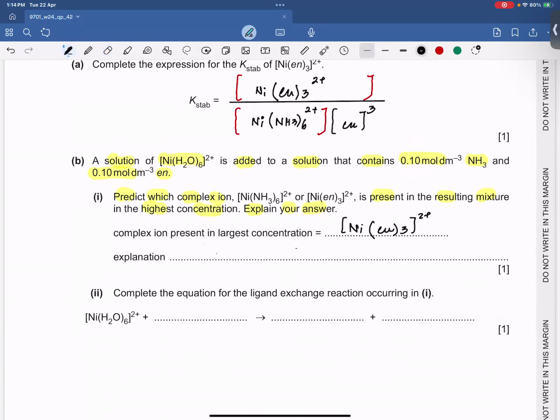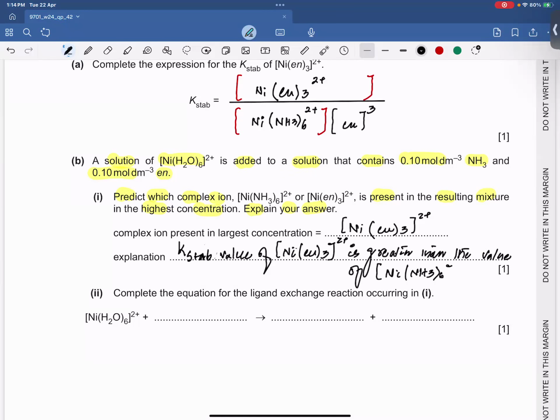Because, okay, let's write it this way: the step value of nickel En taken 3, 2 plus is greater than the value of nickel NH3 taken 6, 2 plus.